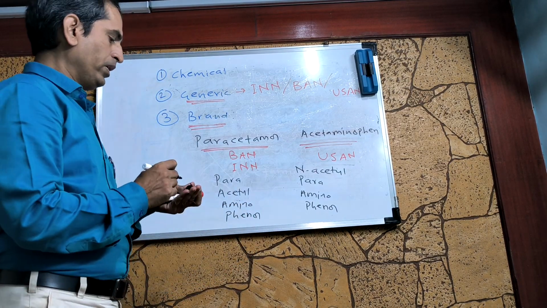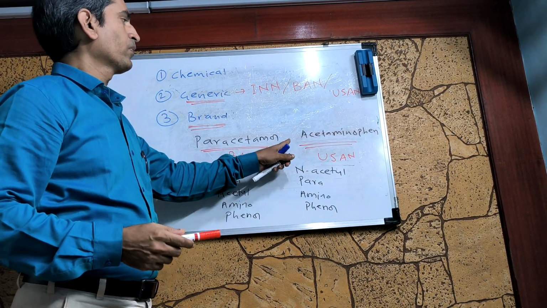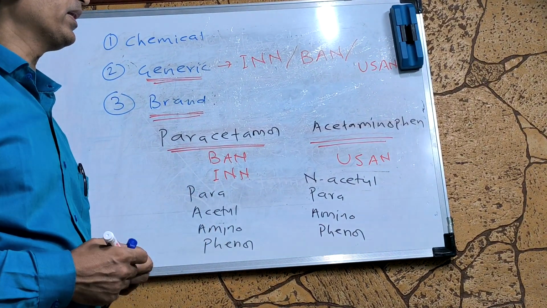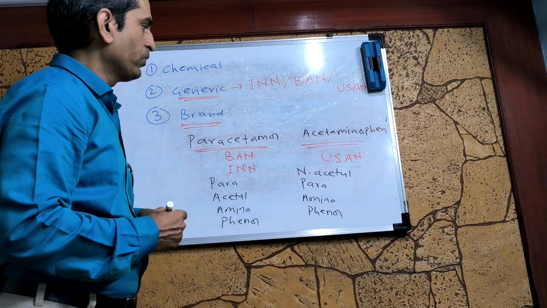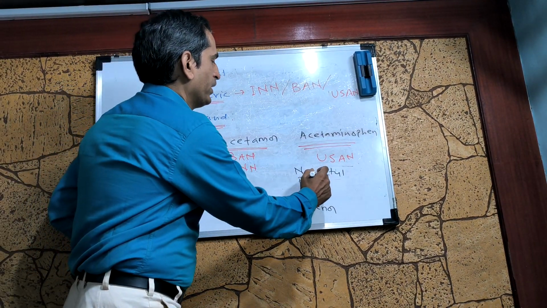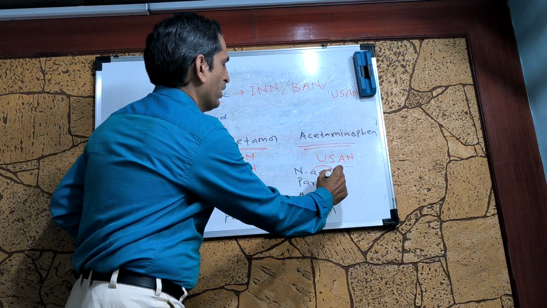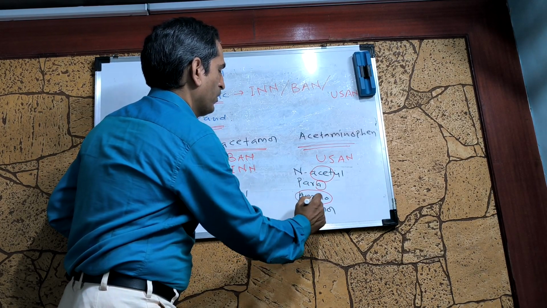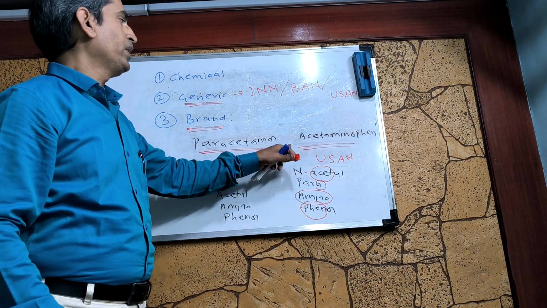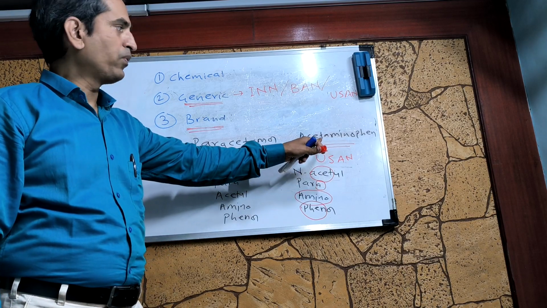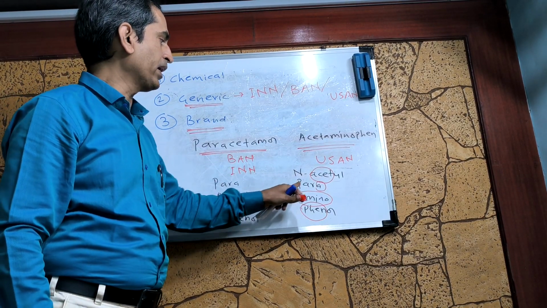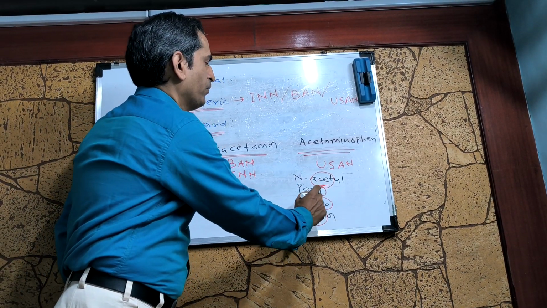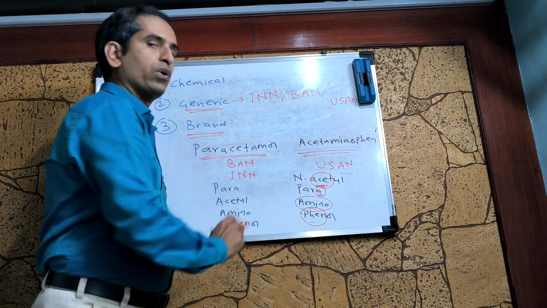Now, if we look at the generic name acetaminophen and the chemical name N-acetyl para aminophenol, it seems the generic name acetaminophen is derived from N-acetyl para aminophenol. I have marked the words acetyl, para, aminophenol.